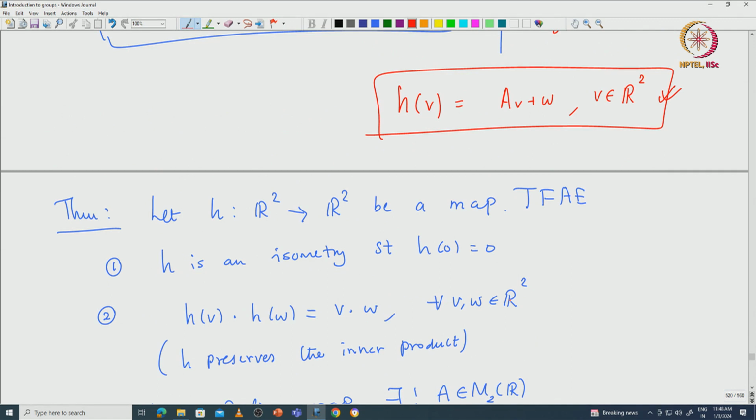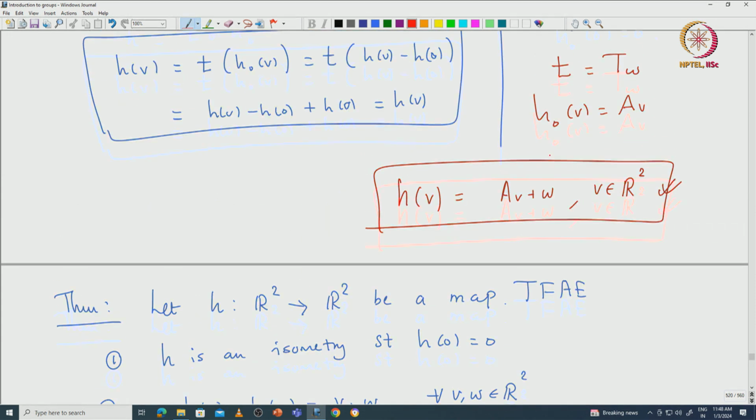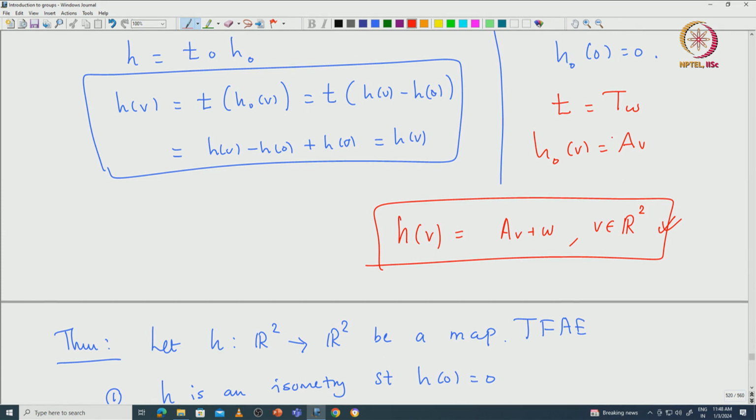We will also see that H completely determines both capital A and W. For example, you can easily see that H of 0 is going to be W. So, W is uniquely determined by H. And now, what about capital A?